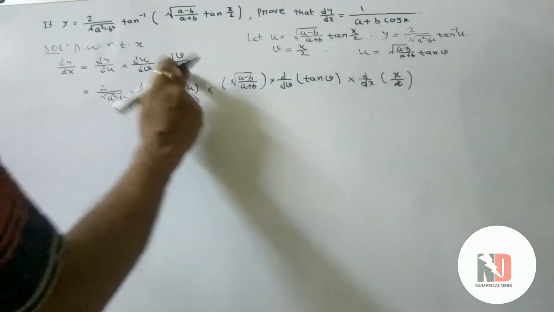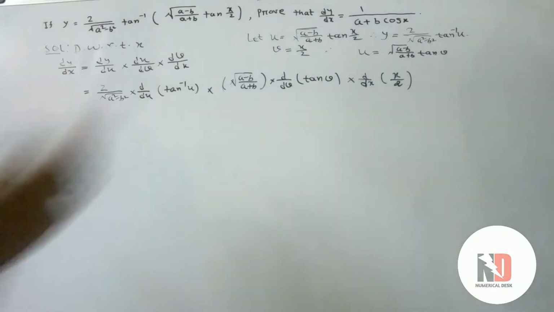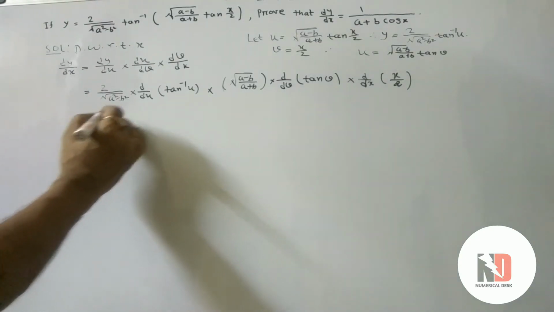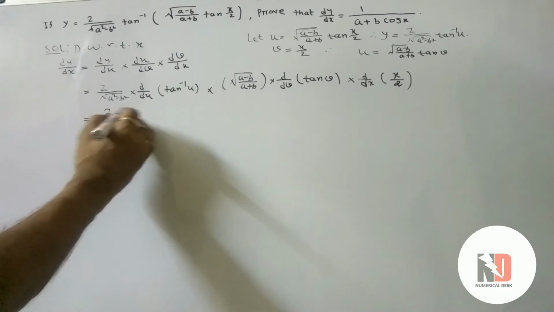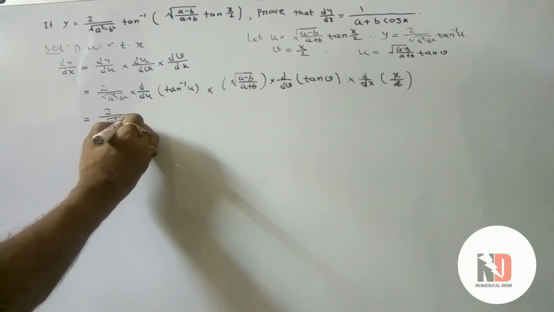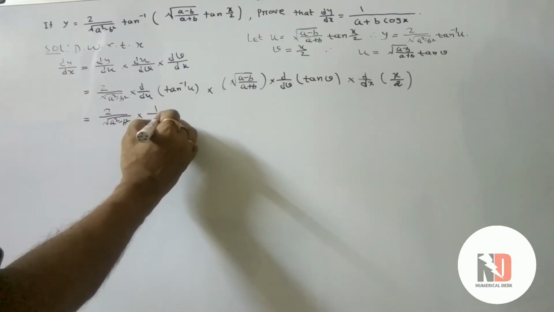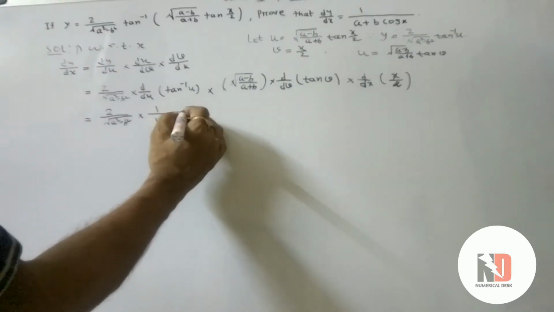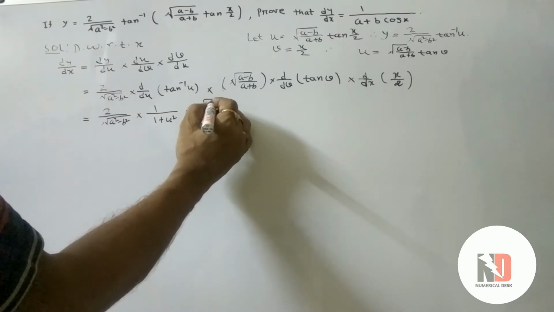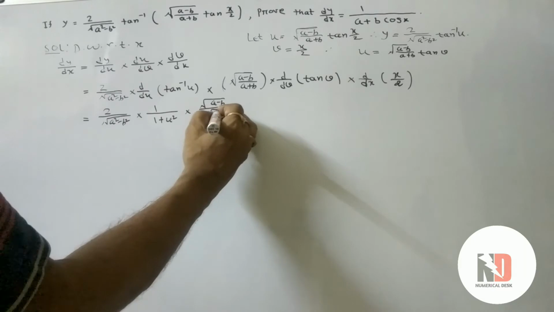So now we are doing in this manner so that everything is differentiated with respect to the same parameter, so it is constant. So d by du of tan inverse u is 1 by 1 plus u square, and this is constant. So we are breaking it root a minus b. This is an important rule.